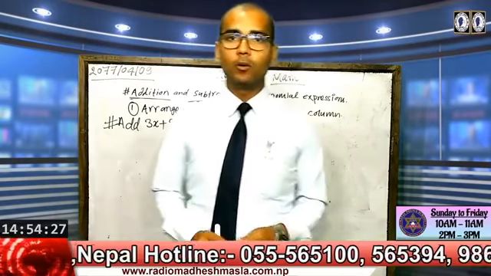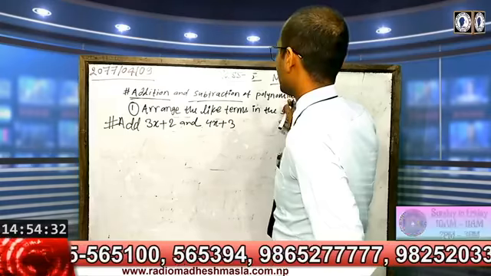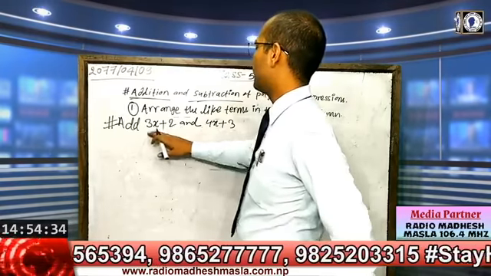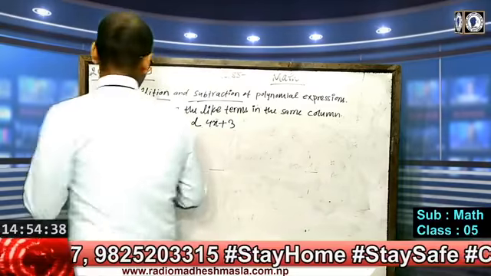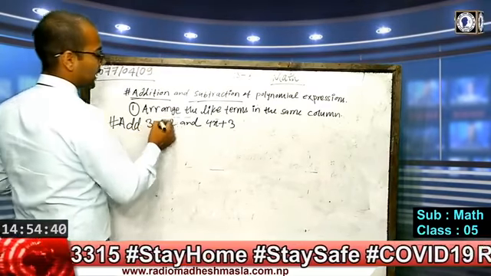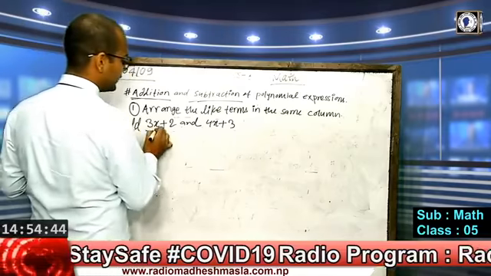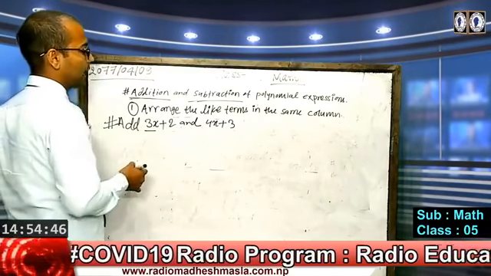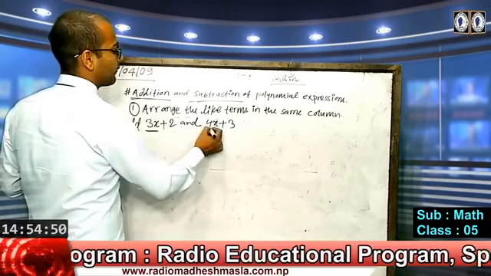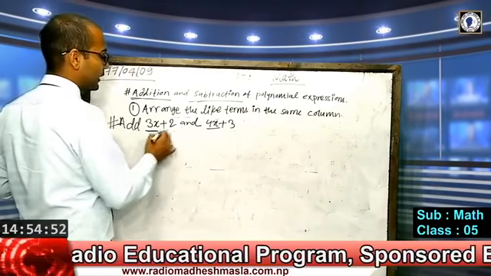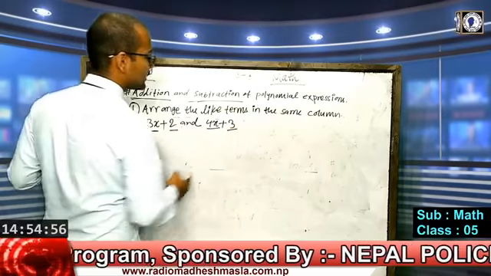They are both polynomial expressions because they have two terms. So we have to arrange the like terms in the same column for the addition. The like terms are 3x in the first expression and 4x in the second expression, and in the same way 2 in the first expression and 3 in the second expression.